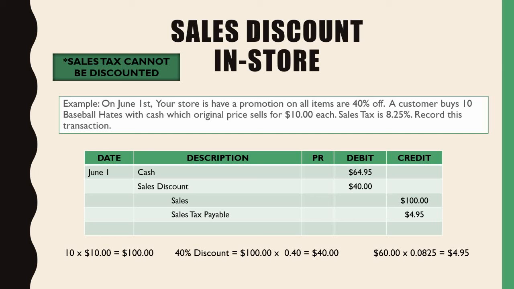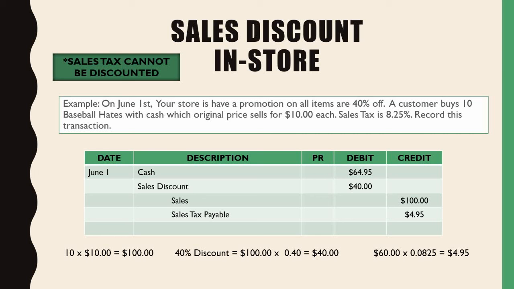Now, in this case, my discount is 40% off, so I have to calculate how much my discount is going to be. 40% discount is 100 times 40%, which gives you $40. So my discount is going to be $40. Of course, my assumption is that if I'm taking a discount, I should be receiving less cash.